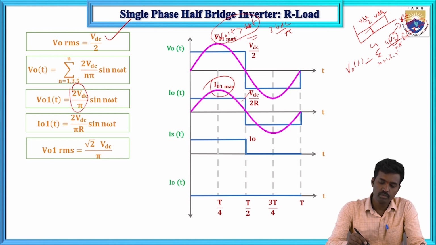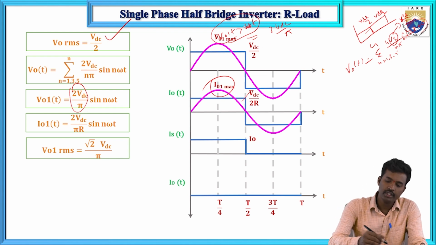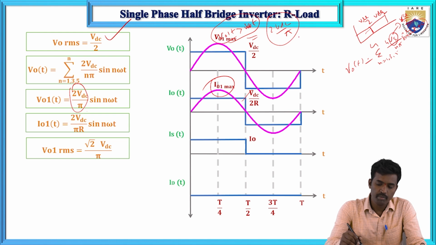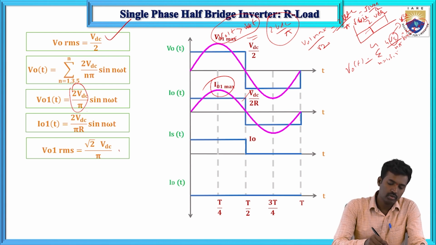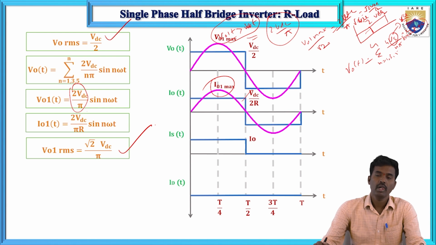So V01 maximum equals 2 VDC by pi, divided by root 2. That equals 2 VDC by pi root 2, which equals root 2 VDC by pi. So this is the RMS value of the fundamental component of voltage: root 2 VDC by pi.